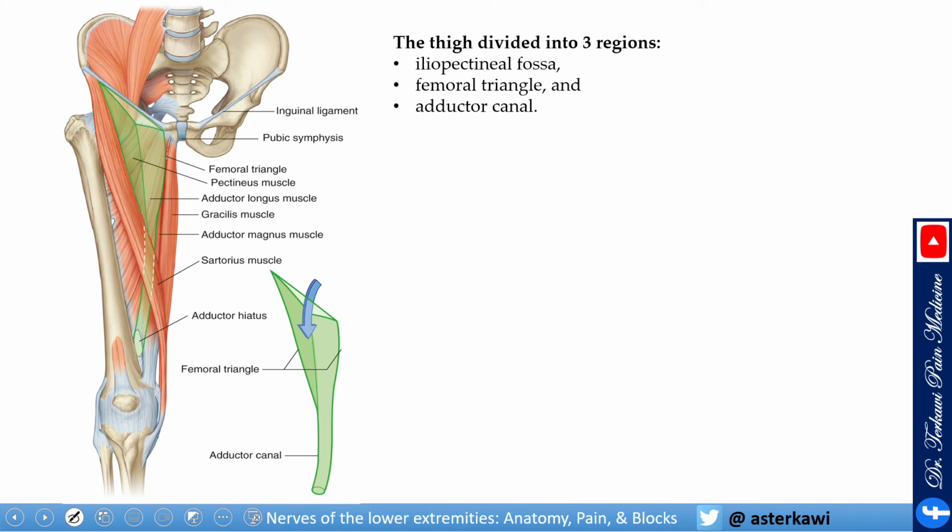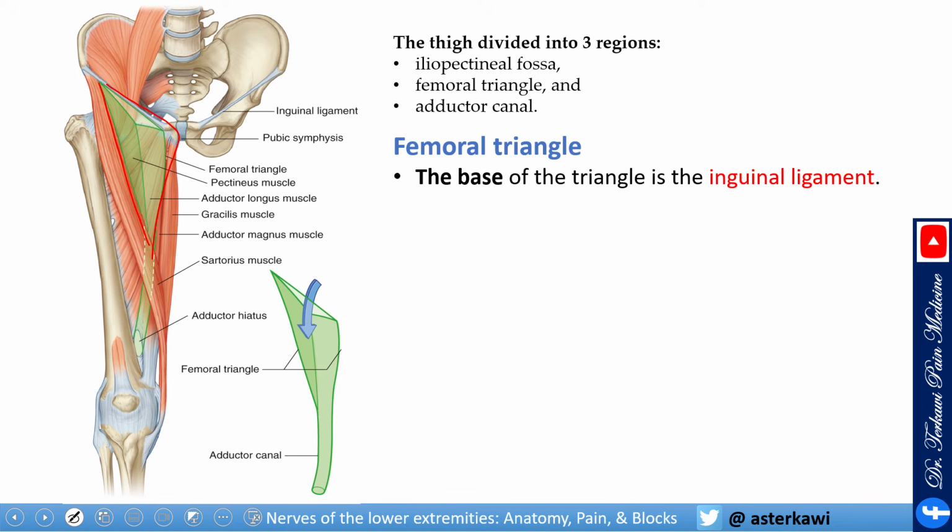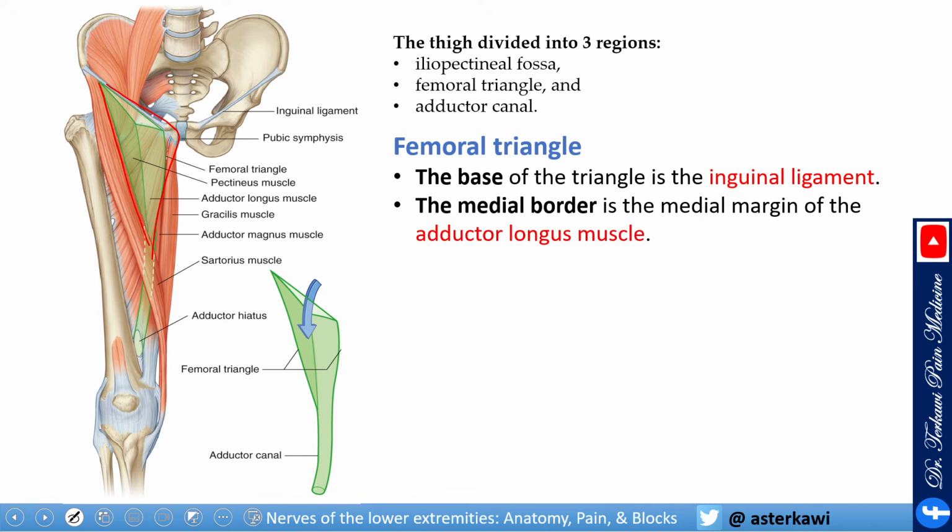So in the thigh, there are three important regions: the iliopectineal fossa, the femoral triangle, which we see here, and the adductor canal. So the femoral triangle, the base of the triangle is the inguinal ligament, as we see in the picture. The medial border is the medial margin of the adductor longus muscle, which is this one here.